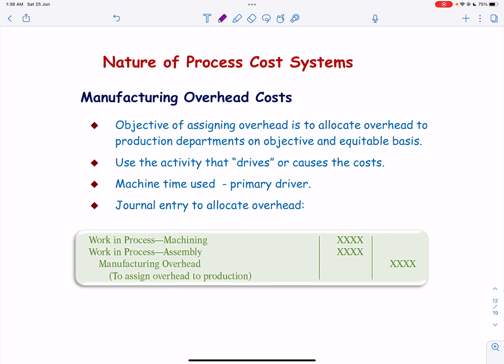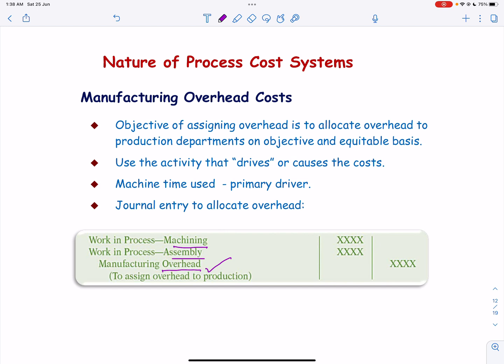The general entry to allocate overhead to the two processes is work in process machining is debited for manufacturing overhead of machining and manufacturing overhead is credited. Work in process assembly is debited for manufacturing overhead of assembly and manufacturing overhead is credited.